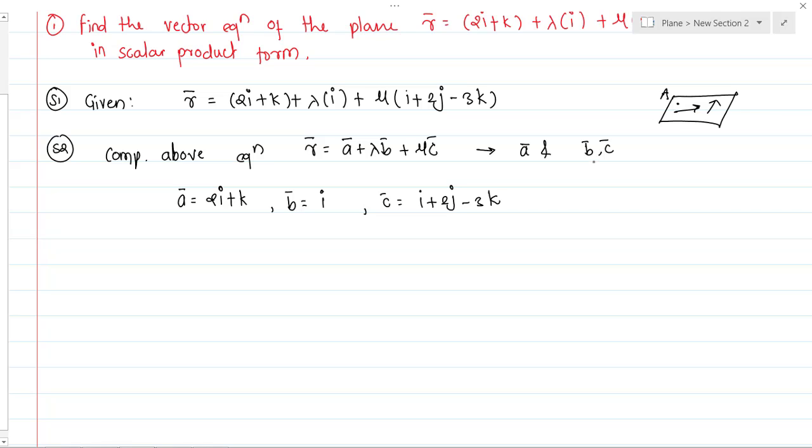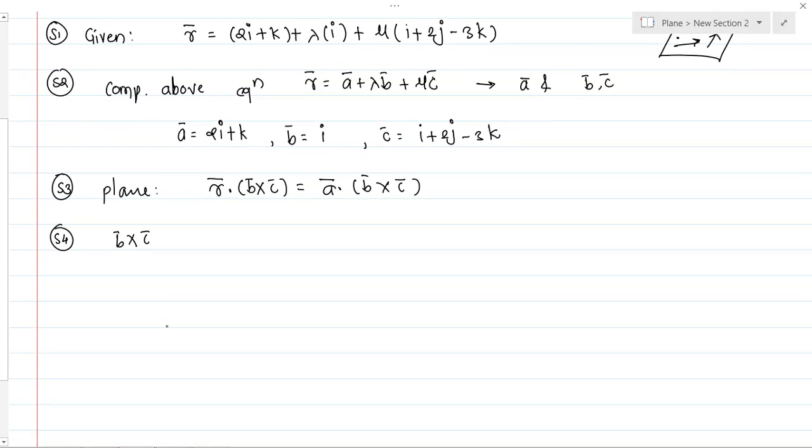So what type of equation will you use here? The equation of a plane having two vectors on it and passing through a bar is given as r bar dot b bar cross c bar equals a bar dot b bar cross c bar. For this, we need b bar cross c bar, so let's find it.